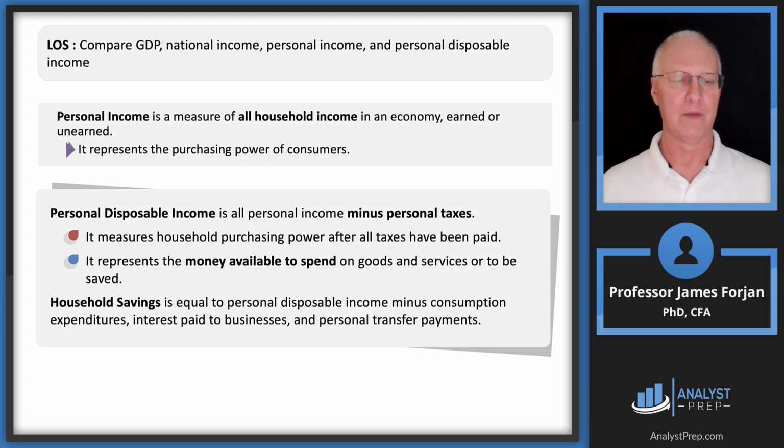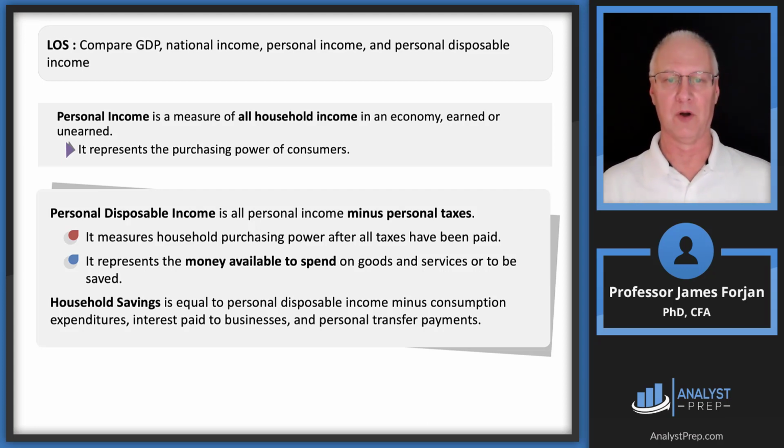And what that personal income does, and that's important, look at that first arrow point, it represents the purchasing power of consumers. Now we need to pause and take a look at the personal income over time and how inflation might appear to be increasing the purchasing power just because income is going up, but it depends on some other factors that we'll talk about not only in this slide, but in future slides as well.